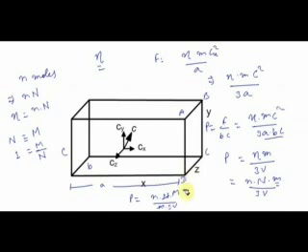Now we can cancel out capital N. So now we are left with P is equal to n into MC² by 3V.